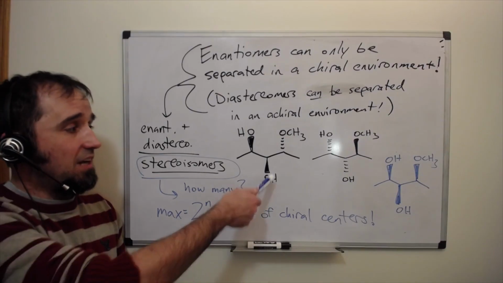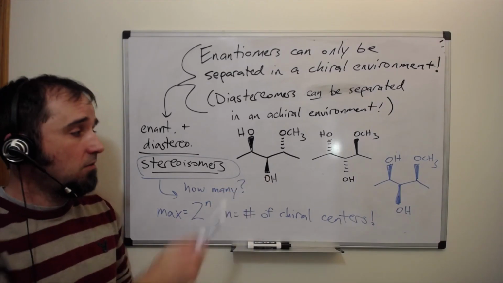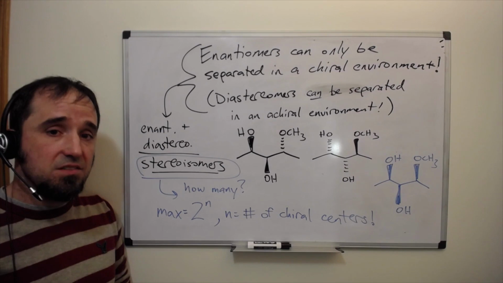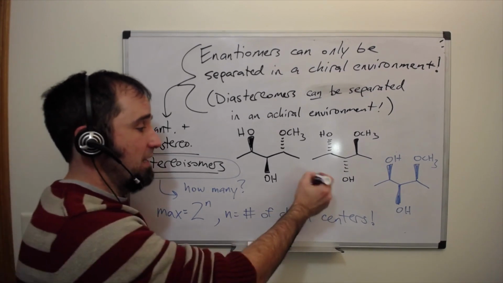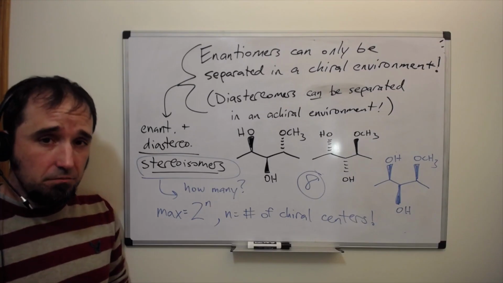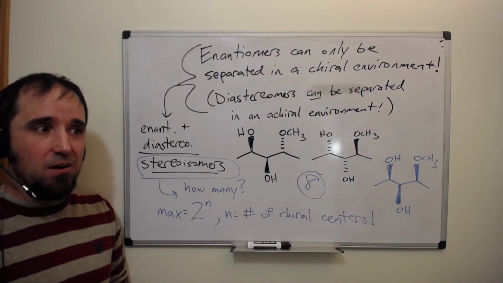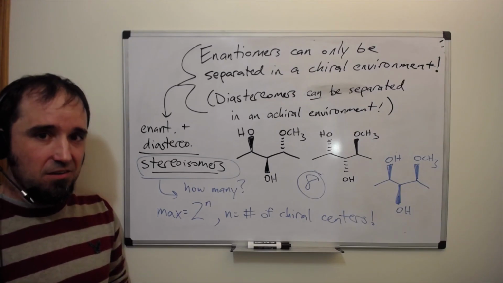So for this compound, how many possible stereoisomers are there? Well, there's 3 stereocenters, and so in this case, there would be 8 possible stereoisomers. And that would exist as 4 pairs of enantiomers, right?